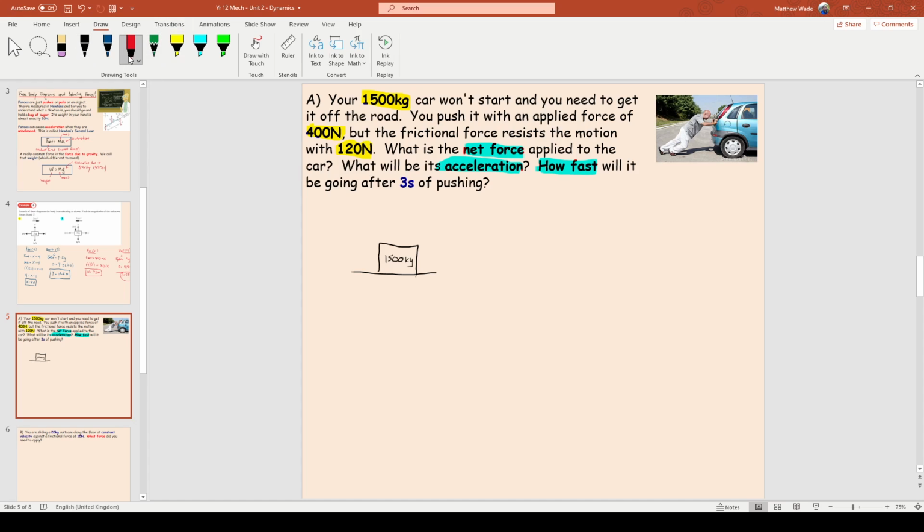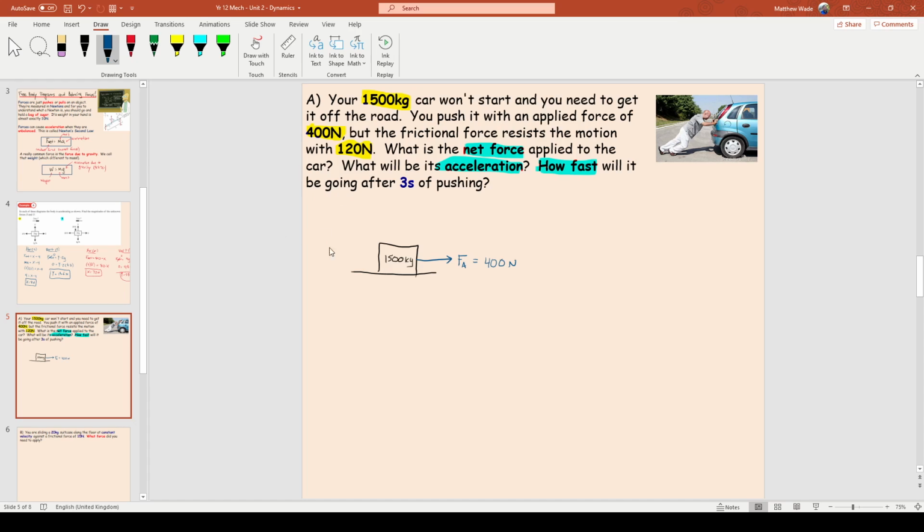Step 2, my buddies, is you whack some forces onto it. You say, what force is the car experiencing? Well, it's being pushed, so it's got this force here, an applied force. I'm going to call it F subscript A for the force applied, and I'm going to call that equal to 400 newtons because it was given in the question. Cool?